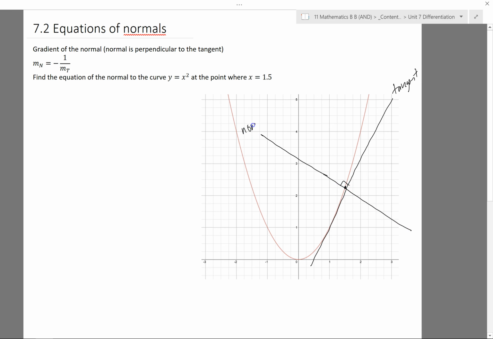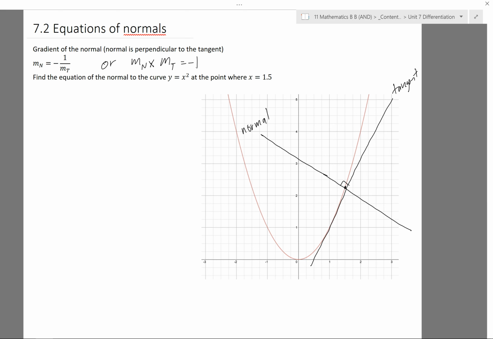This is the normal. We're trying to find the equation of that line. You've probably forgotten this from year 10, but this is the relationship between the gradient of the normal and the gradient of the tangent. Some people like to remember this as the gradient of the normal times the gradient of the tangent equals -1. Either way, you'll be able to solve both of these.